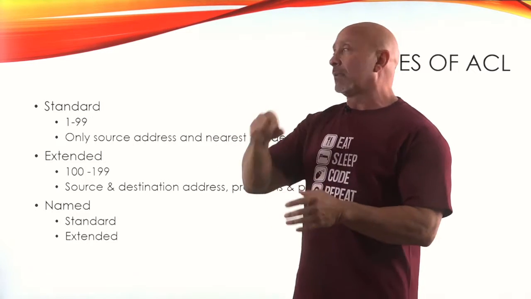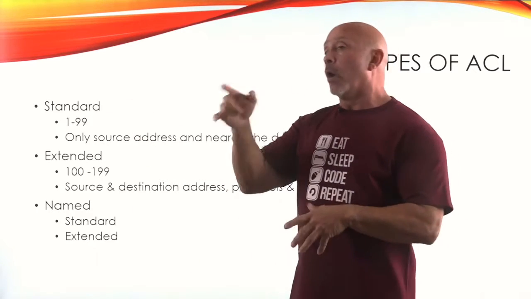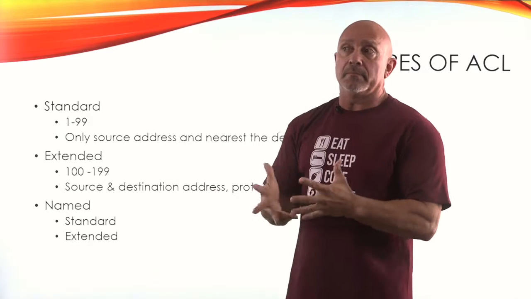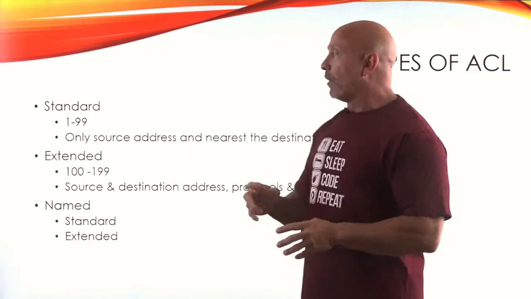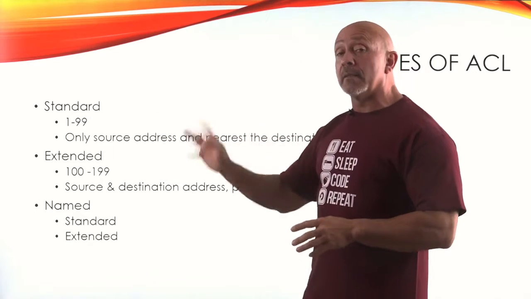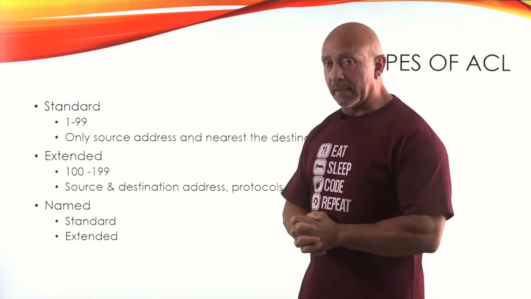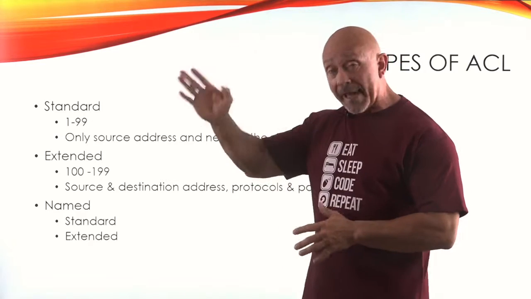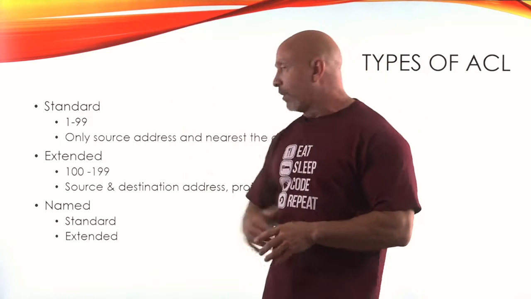You will write access list 1 deny host 1.1.1.1. Okay, you're denying that host, but you're not telling me anything else. So that's why you've got to put it nearest the destination. So if it's 3 routers away, 5 routers away, whatever it is, you've got to put it way over there. You create it and you apply it over there.